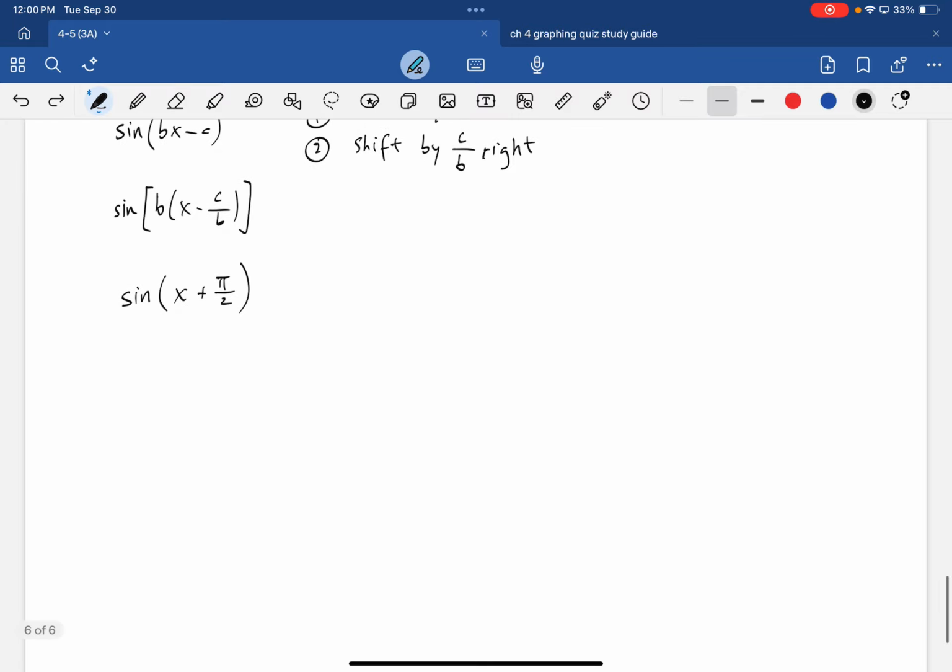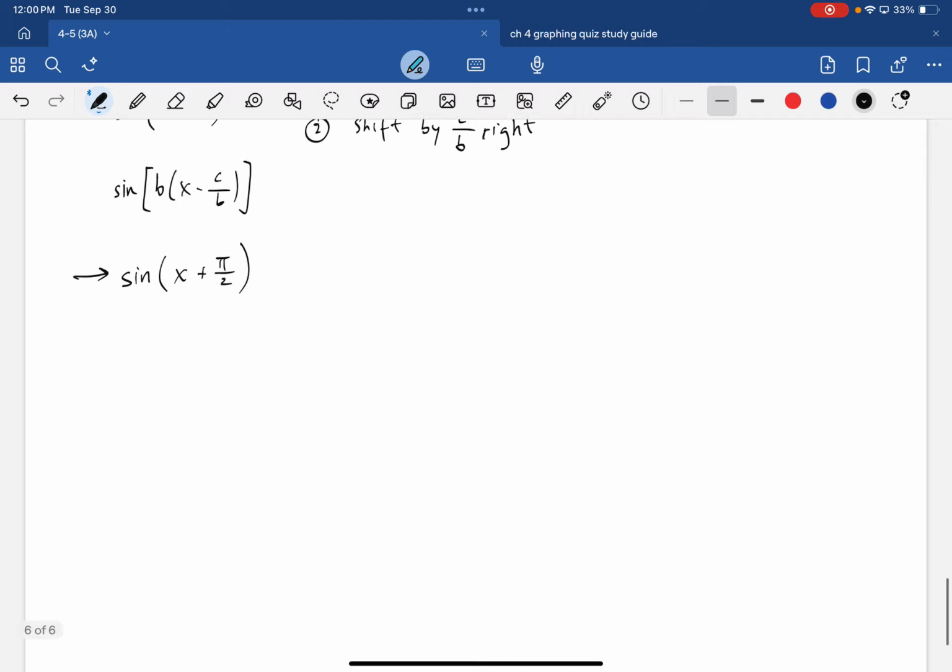Okay? So if we have sine of x plus pi over 2 as our question asking us to graph it, well, this is just a shift right by pi over 2 starting from sine of x. Okay? Sorry, shift left. Nobody corrected me. Shift left pi over 2.